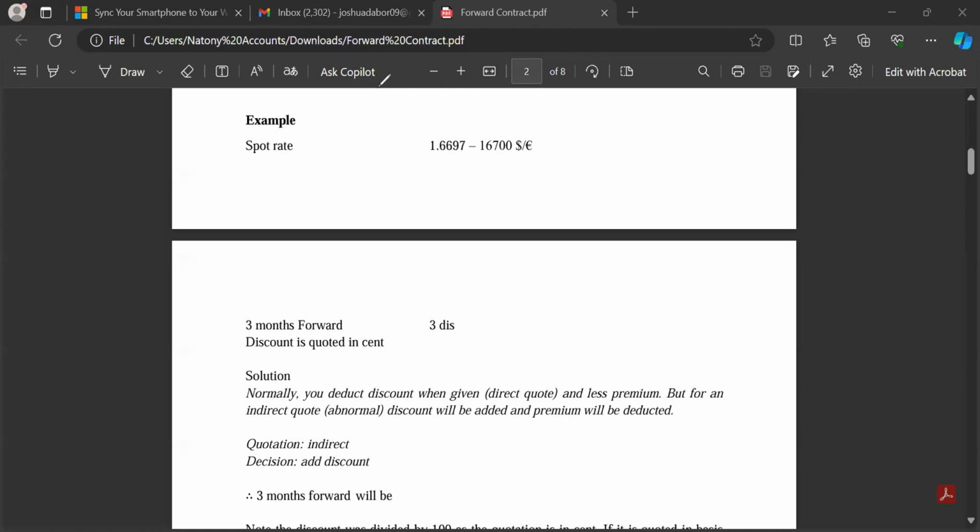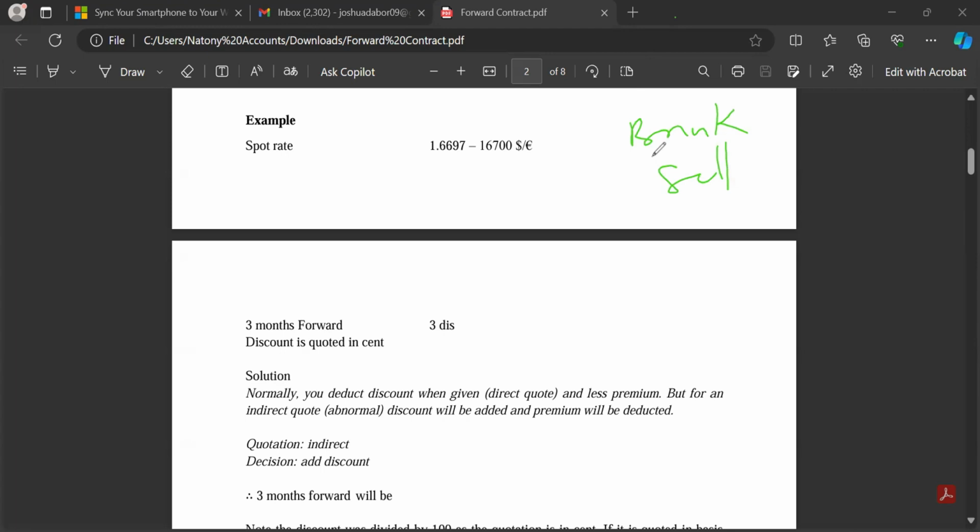I want you to look at it before I show which rate applies out of these two rates, assuming the transaction is a payable. If the transaction is a payable, it means that the bank will sell.